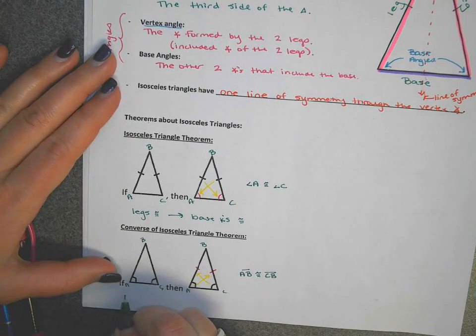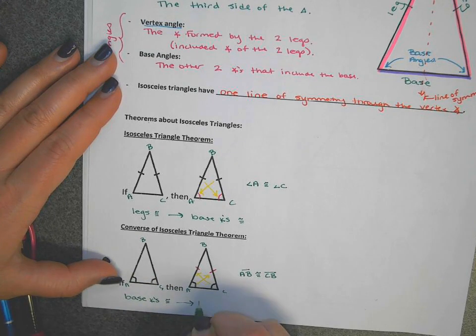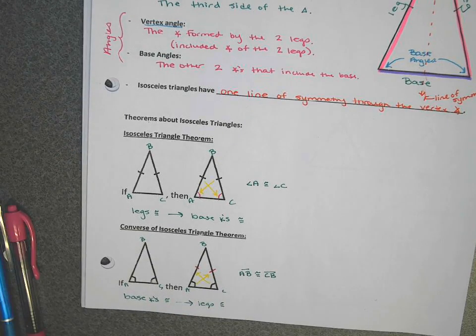And if I have base angles congruent, then I have legs that are congruent. So if you know one, then you know the other. Okay, and it works both ways. If you know base angles are congruent, label the sides congruent. If you have the sides are congruent, label the base angles congruent.